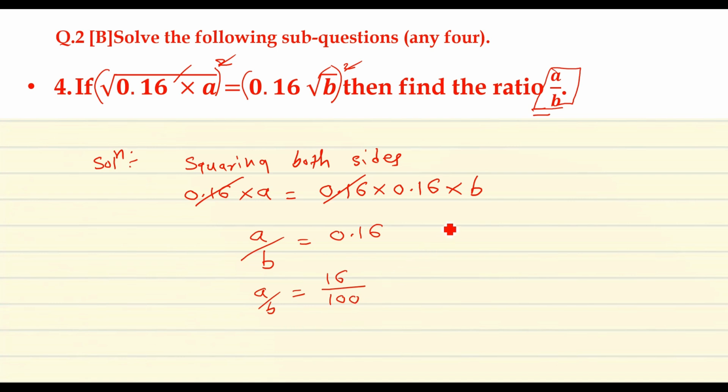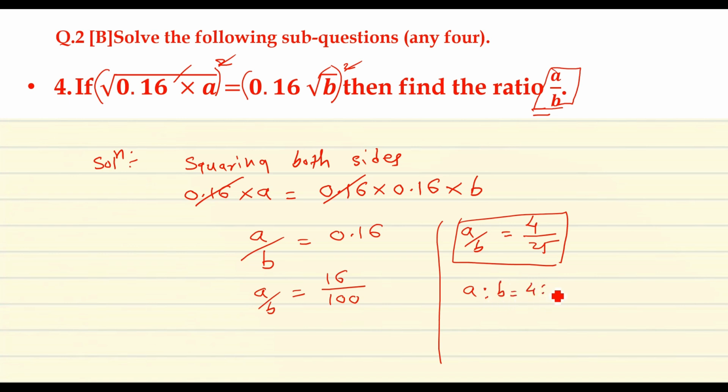So if you simplify it, if I divide by 4, 4 into 4 is 16, and here I'll get 25. So the ratio A is to B is equal to 4 is to 25. That is the answer of this question.